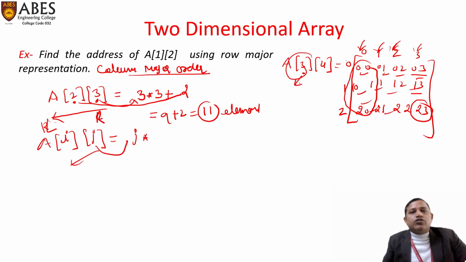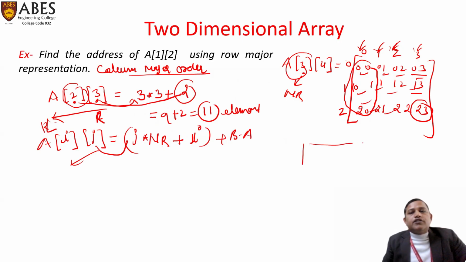If you represent the total rows as NR, then plus, this 2 represents the ith row, plus base address. Here I have again assumed the size of one cell is 1 byte.